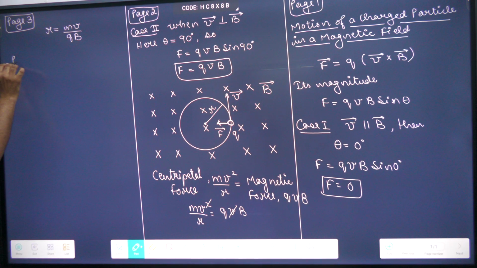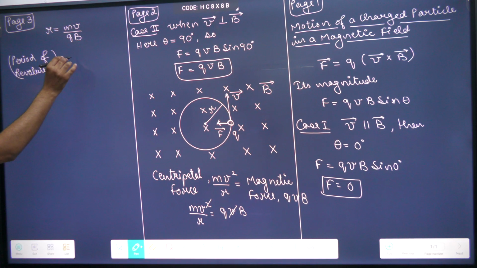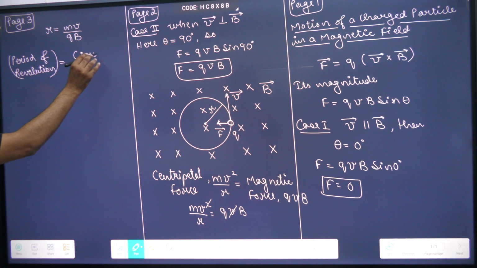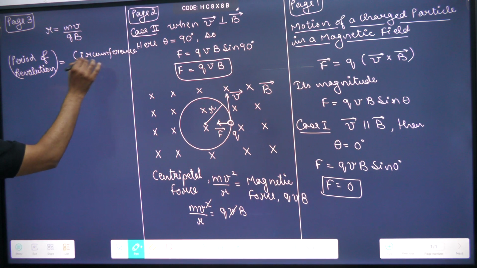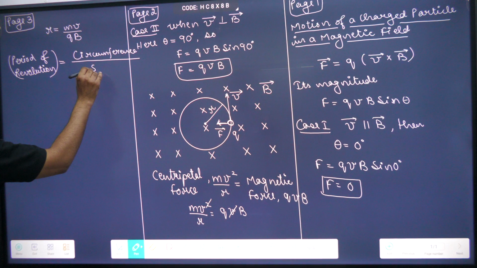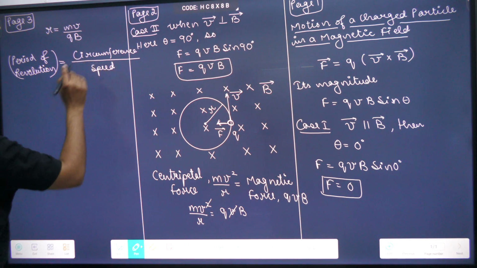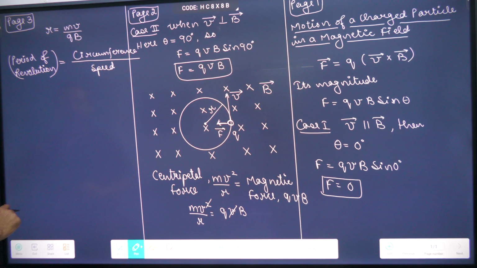So, period of revolution is equal to circumference upon speed.